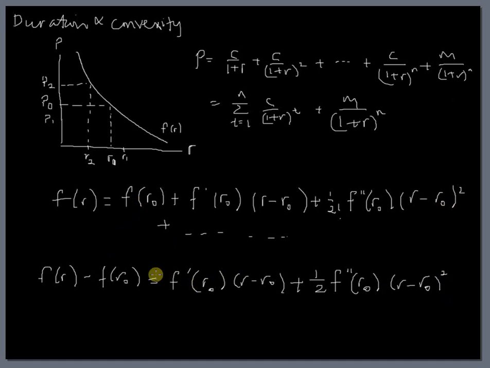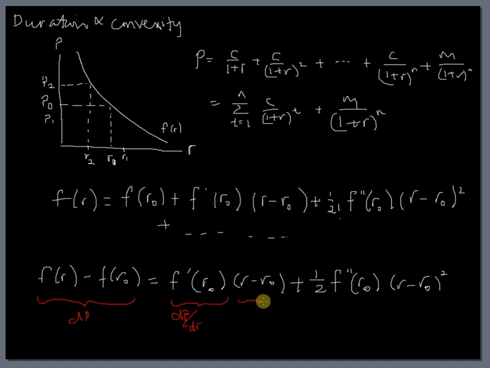Given this equation, let's remember that f refers to the function that obtains the price given the yield. If you look at this equation, you can see that this left side is basically the change in price, let's call this dP. This one is basically the first derivative of price with respect to yield, multiplied by the change in yield, and so on.